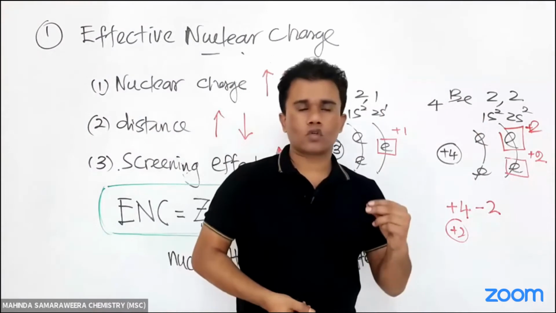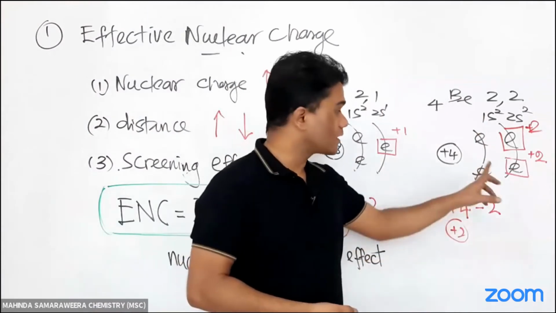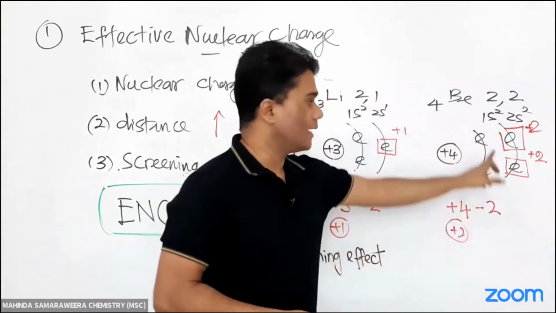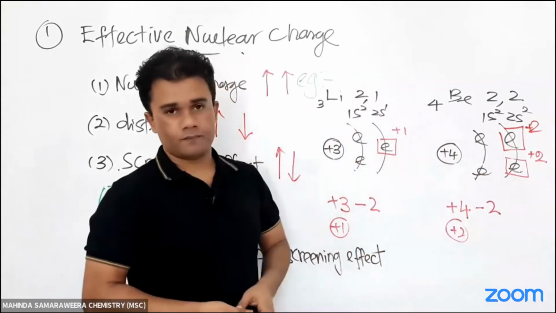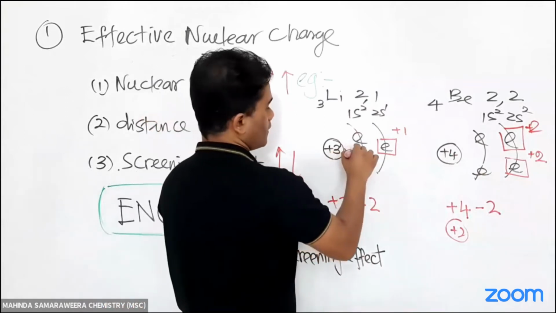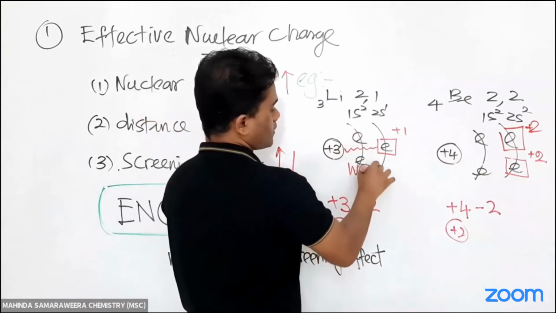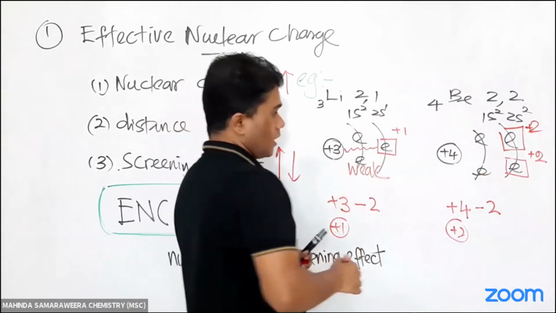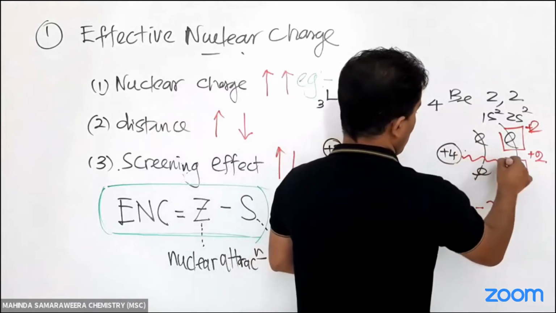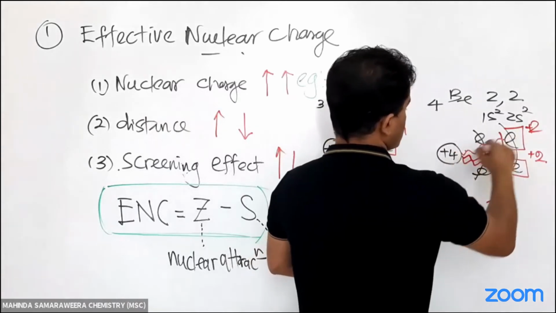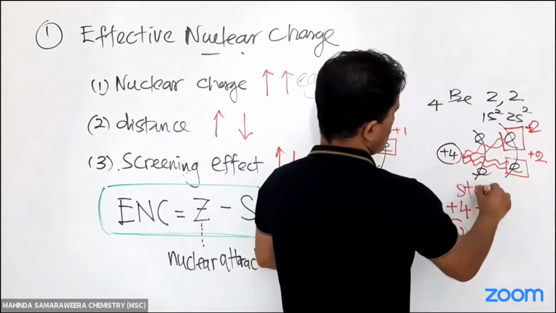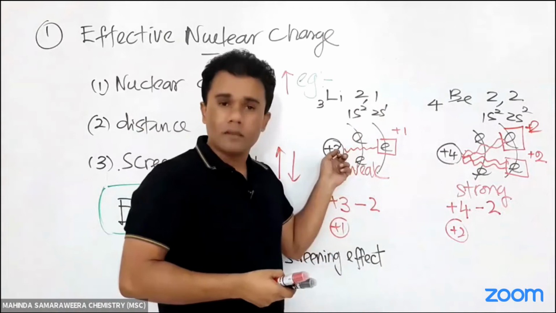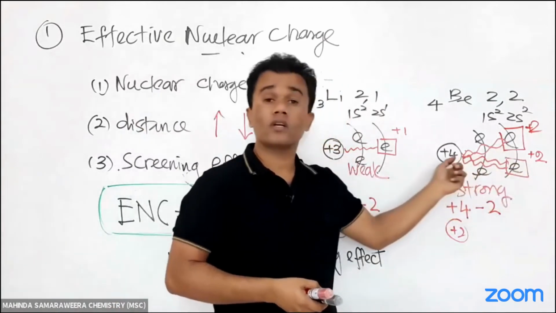Right? So true nuclear attraction felt by these two electrons are now equal, and that is stronger than this one. So this electron has weak attraction. This electron is weakly bound to the nucleus, but these electrons are strongly bound. Did you understand that? This electron is weakly bound, but these two electrons are strongly bound.